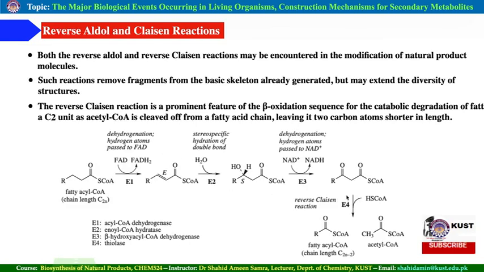The process could simply be shown: this is an acyl group of a fatty acid that is attached to coenzyme A, so this is acyl coenzyme A. This acyl coenzyme A will be acted upon by the enzyme acyl coenzyme A dehydrogenase.